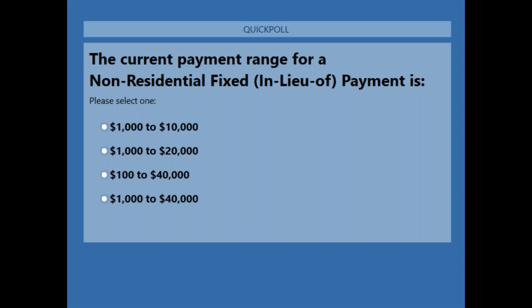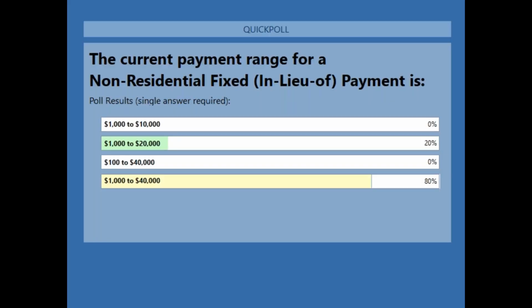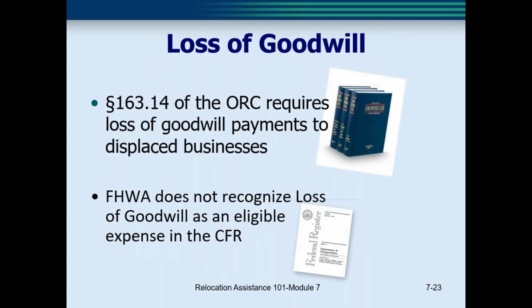Now we talked about the cap, the maximum, and then we also talked about the minimum. And most of you did get it correct. It is the last one. The minimum is 1,000 and the cap is at 40,000. Any questions concerning fixed move payment before we move on?